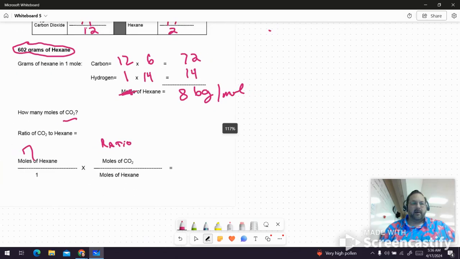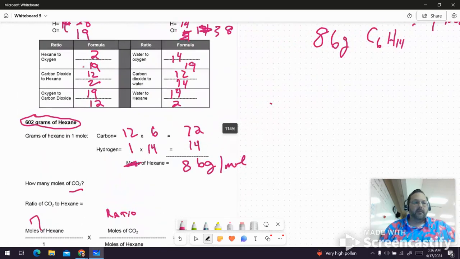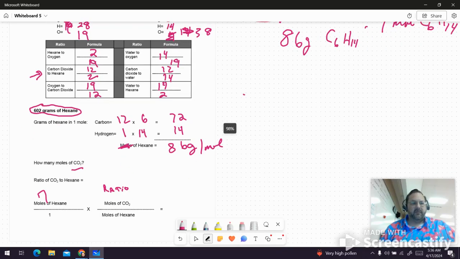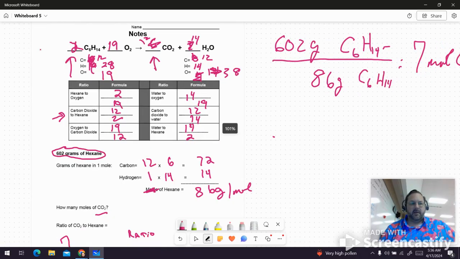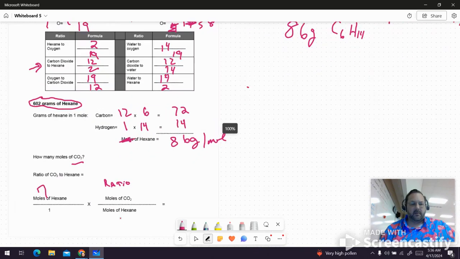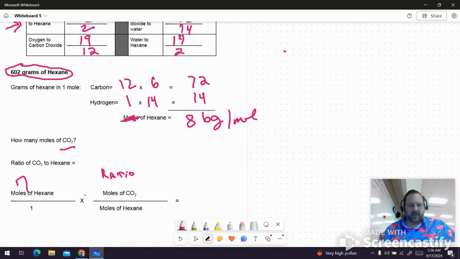If I go back up in my problem, CO2 to hexane is 12 to 2. CO2 is 12, hexane is 2. So I'm going to put a 12 on top and 2 on the bottom. Now I have a fraction with a 2.